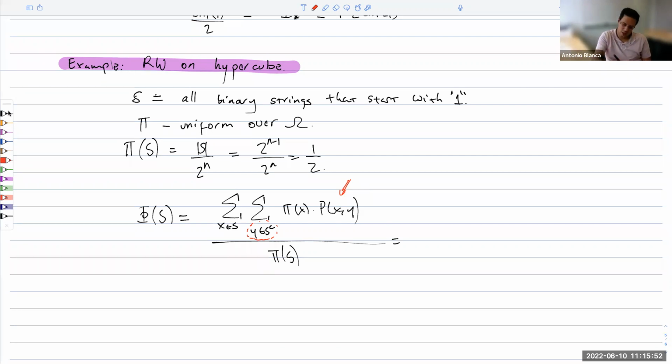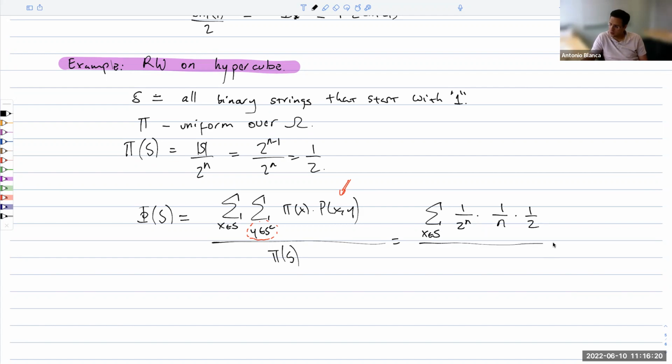For that particular string, the probability is going to be 1 over 2 to the n. We saw that, it's the uniform distribution. And then the probability that we actually go from X to Y: we need to pick the first bit, which happens with probability 1 over n, and then with probability 1/2 we set it to 0.